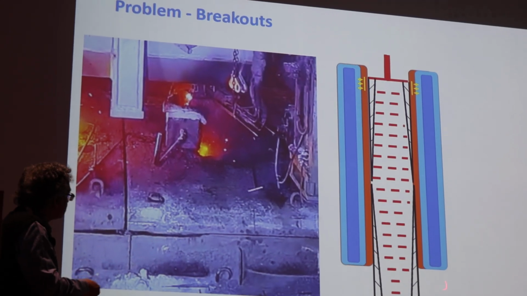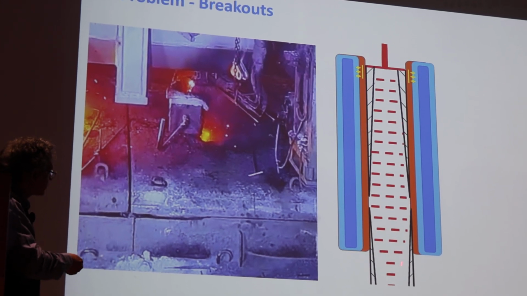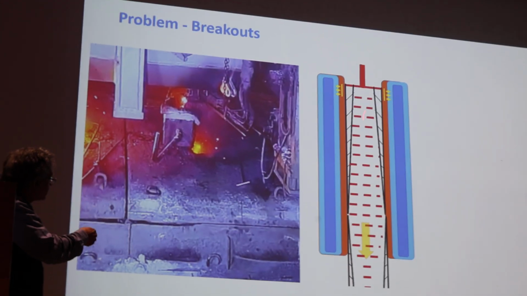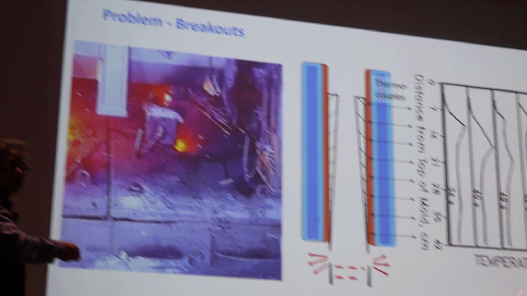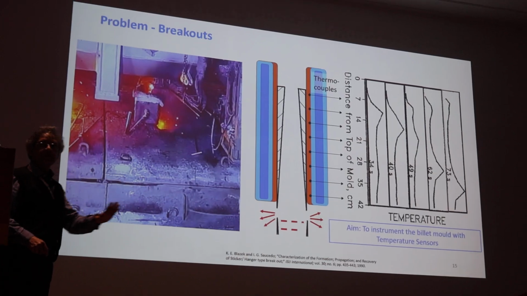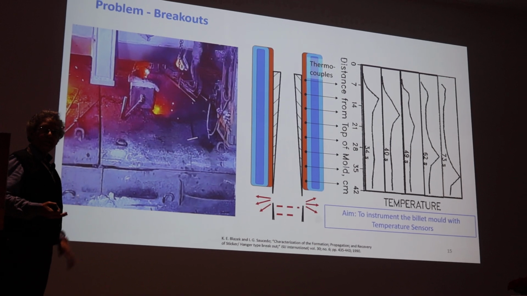This breakout is a dangerous thing. Instead of solidification of the material, the liquid metal comes through the mold and spills over, the complete caster system needs to be stopped, and crores of revenue is lost.